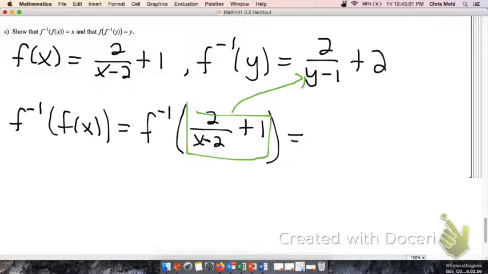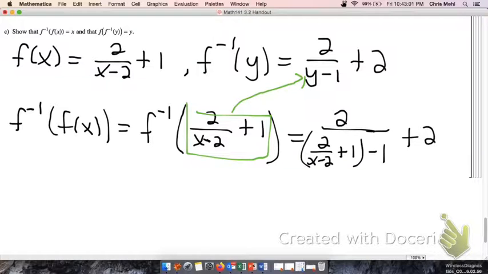So this now equals 2 divided by, and this whole thing becomes the y. I subtract 1, and then I add 2. Now you're going to notice the 1's cancel in the denominator. So this is 2 divided by 2 over x minus 2, plus 2.